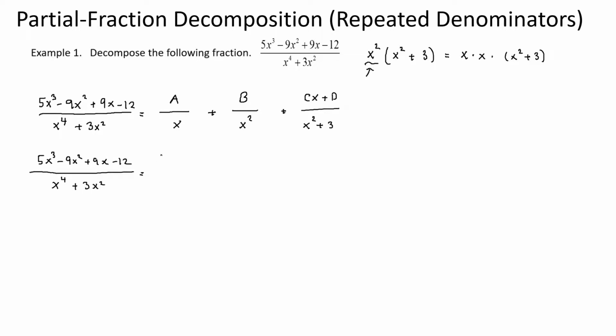For the first fraction, the common denominator will be x times x squared plus 3. That should get you x to the fourth plus 3x squared. The middle term only requires x squared plus 3. And the last fraction requires just x squared.